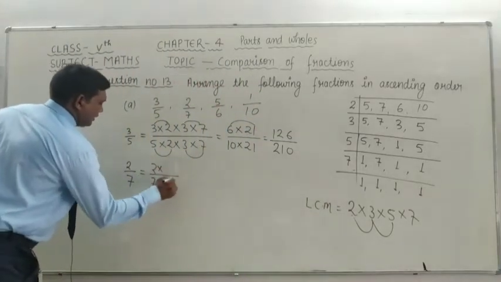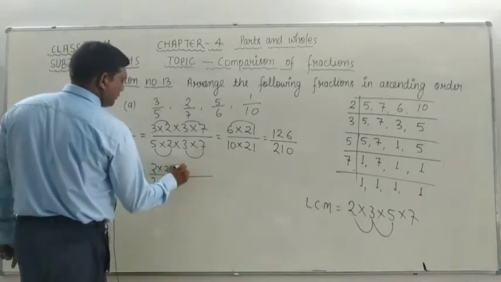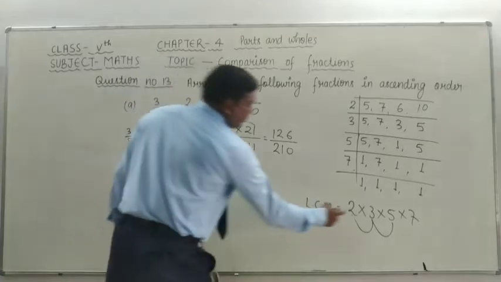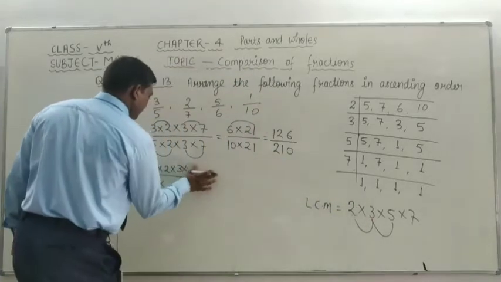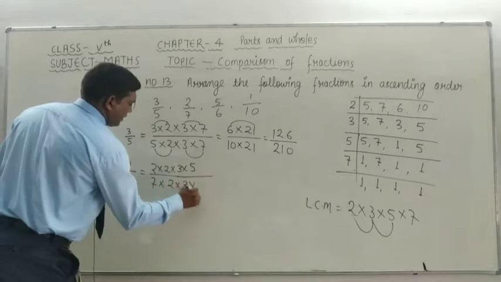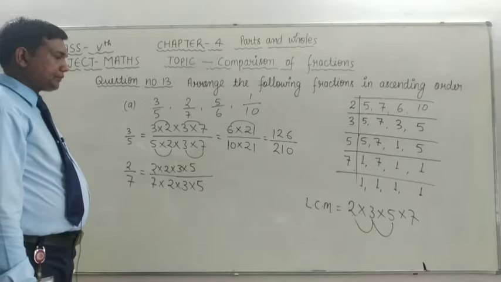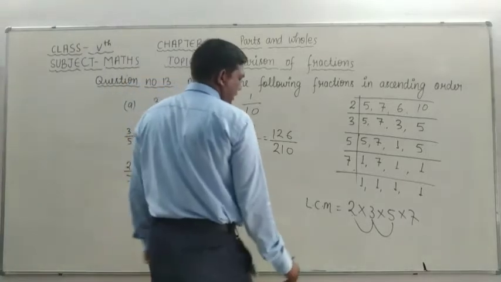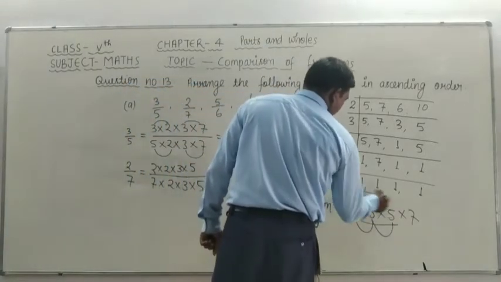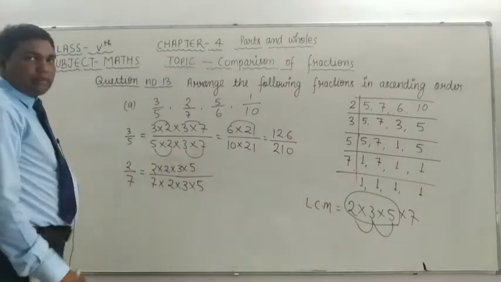Here we have to take the multiplication by 2 multiply by 3 multiply by 5, and in this 2 multiply by 3 multiply by 5. It means that we have to take the multiplication of this in numerator and denominator both.